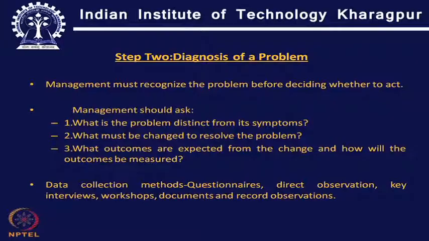a particular problem. Next, after we have done that, the next step is deciding on what must be changed in order to resolve the problem. So, why it is occurring and what must be changed to resolve the problem, what processes are going wrong, so that the problem can be resolved.